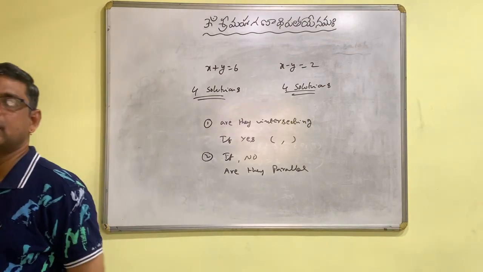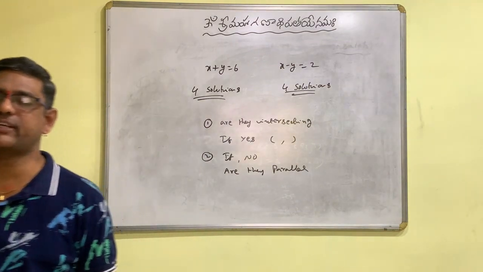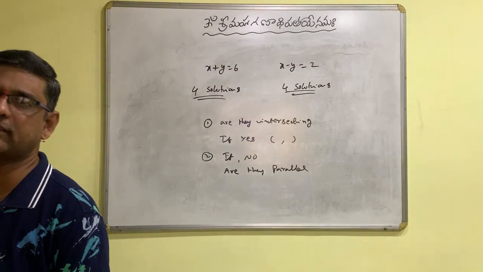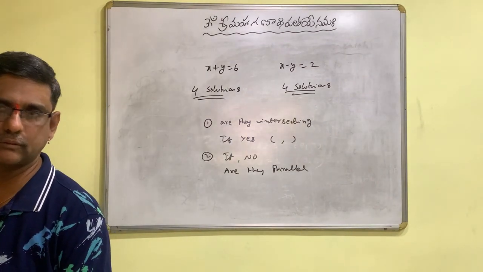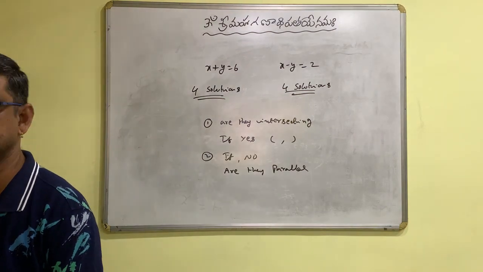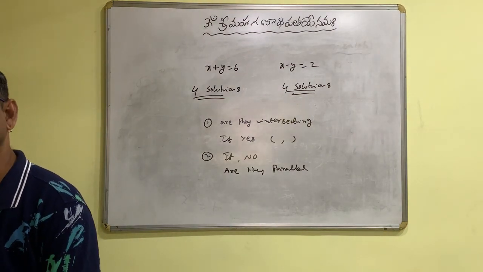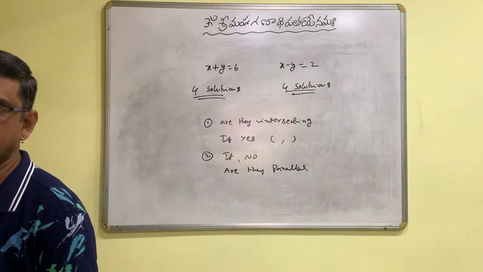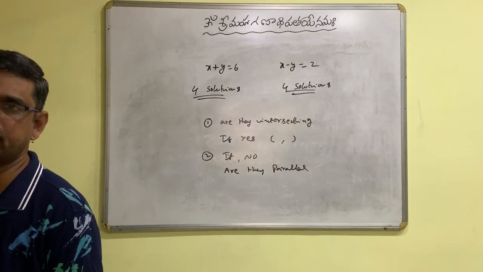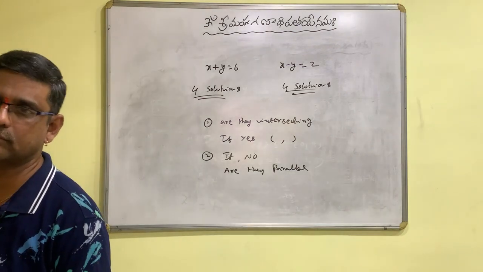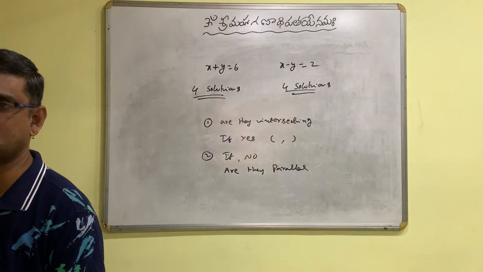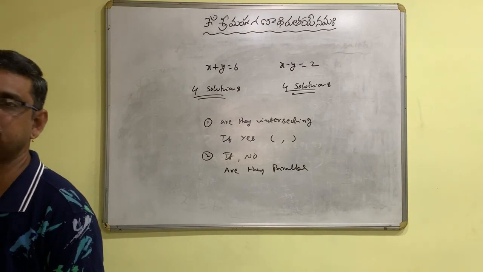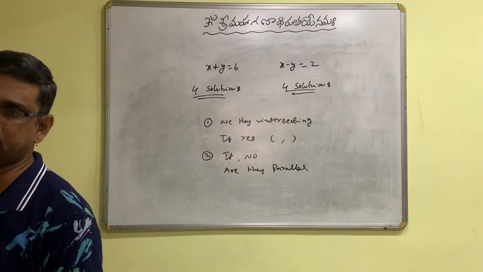Now, tell me what are the solutions for the first equation? 1 comma 5, correct. 5 comma 1 also correct. 2 comma 4 correct. 3 comma 3 correct.